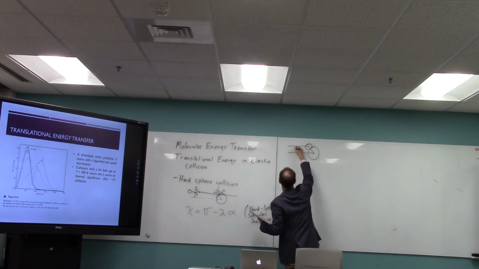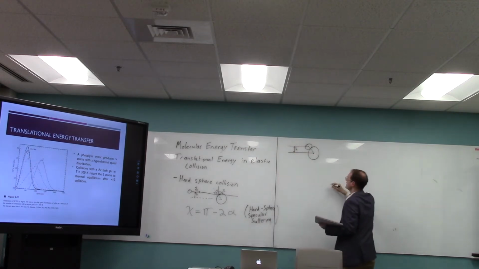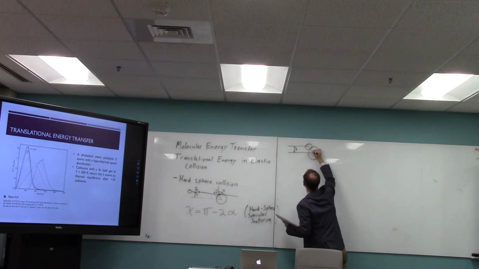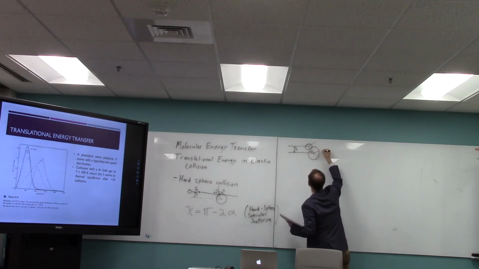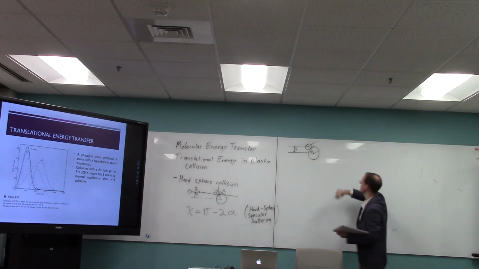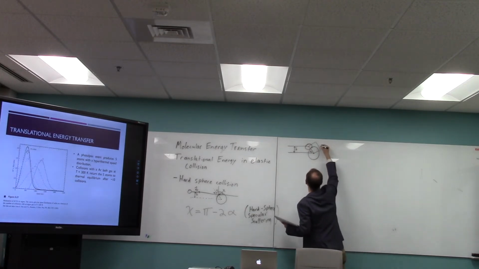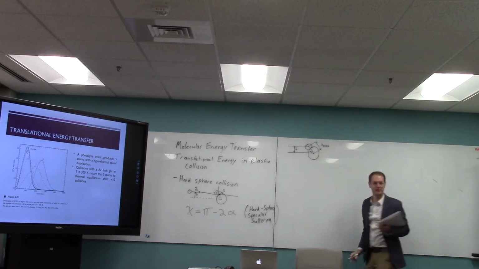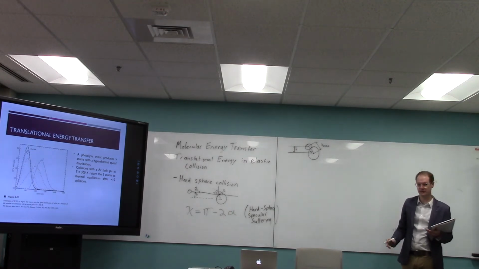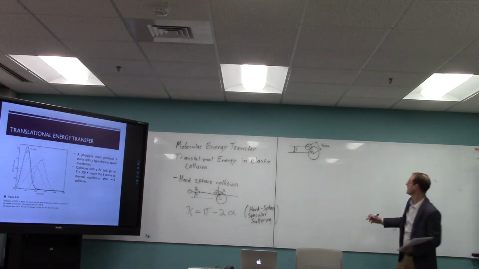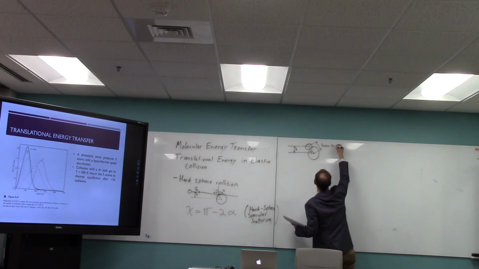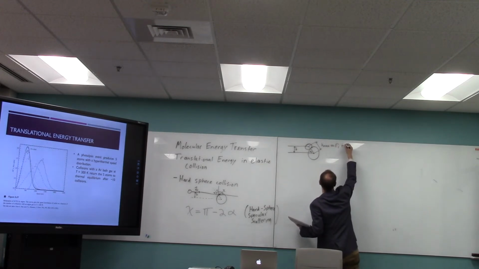The impact parameter is here, this is b, and then this angle here is alpha. This distance between the centers of the two spheres is a parameter that we've defined before. This one's called b max. This is the maximum impact parameter that you could have that would still give you a hard sphere collision, and b max is just equal to the sum of the radii of the particles, r1 plus r2.